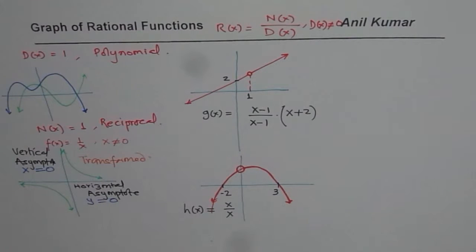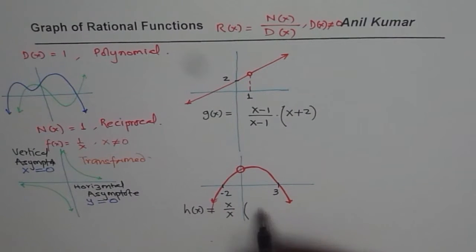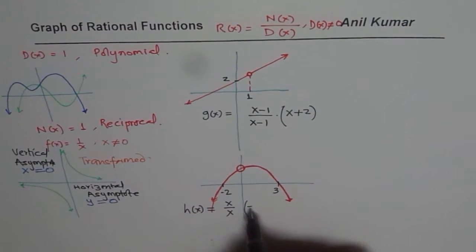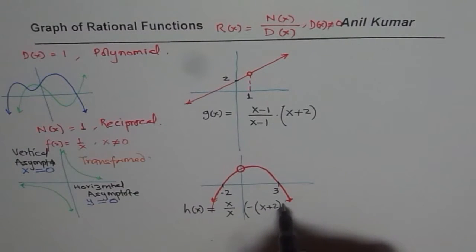But after it cancels out, what are you left with? Well, after it cancels out, we are left with a parabola whose equation is, since it is coming downwards, let me begin with minus. We can write something later, but minus 1 is good enough. But these are two x-intercepts, so the family will be x plus 2 times x minus 3, correct?